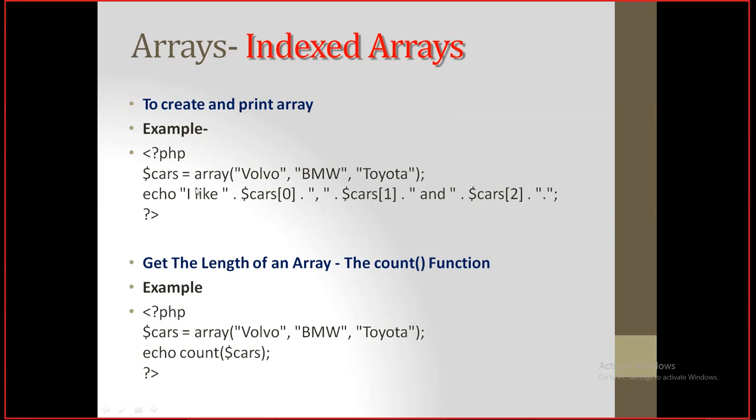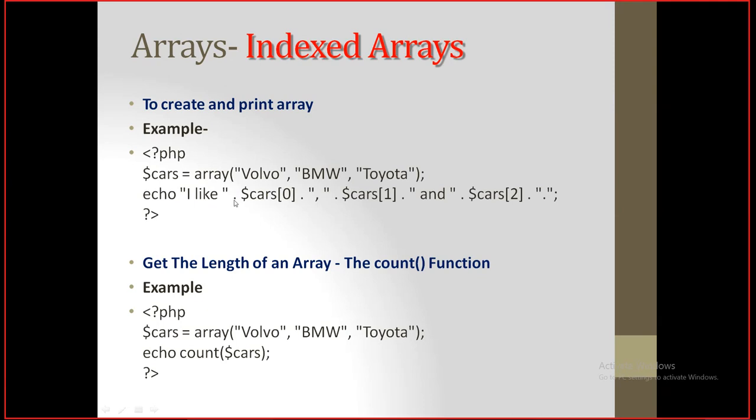Then how do we print the arrays? Simply, if cars is the array that we have created in our PHP script, as you can see over here, we will use the echo statement to print every element of the array, right? And suppose I want to concatenate some string. I will use double quotes to put up any static string, and to concatenate that with another string, I generally use the dot operator in PHP, right?